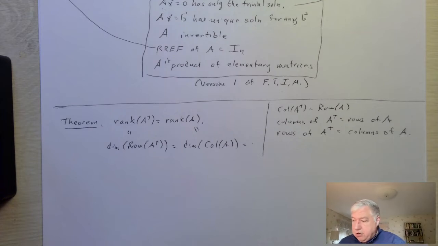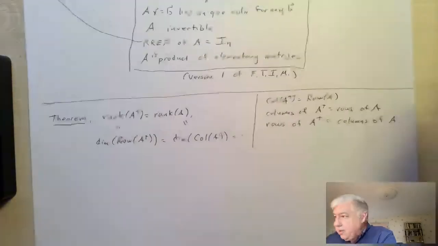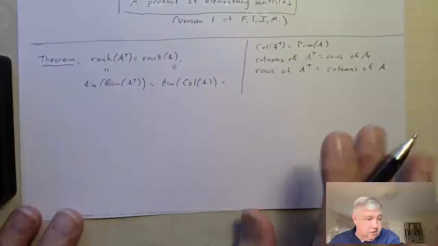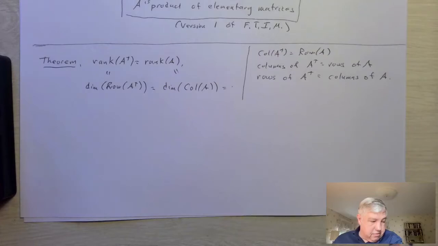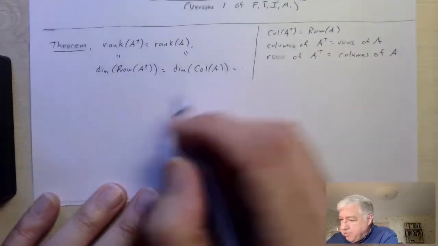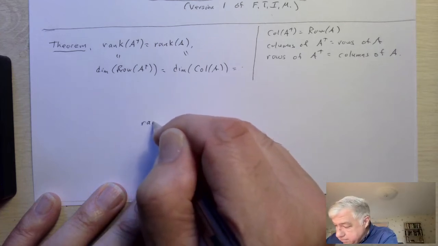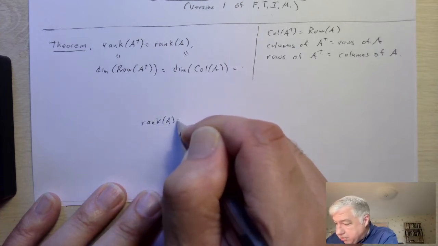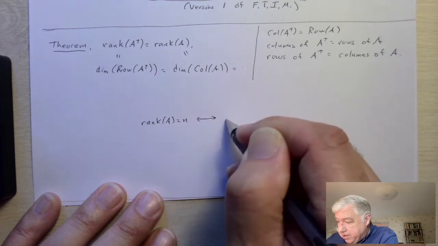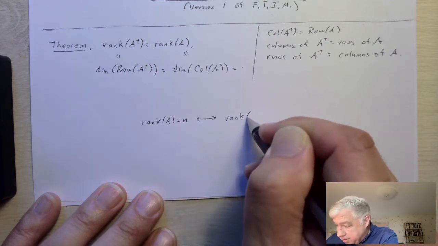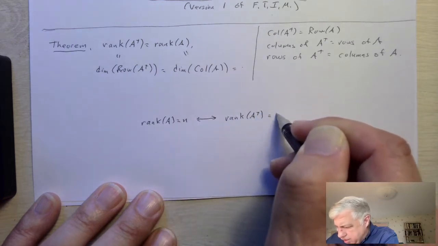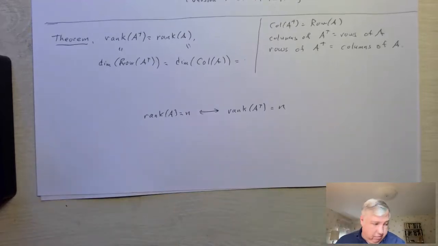All right, so to prove the rest of this, we're going to use the following. Okay, so we obviously know that the rank of A is equal to n if and only if the rank of A transpose is equal to n. Okay, they're equal.